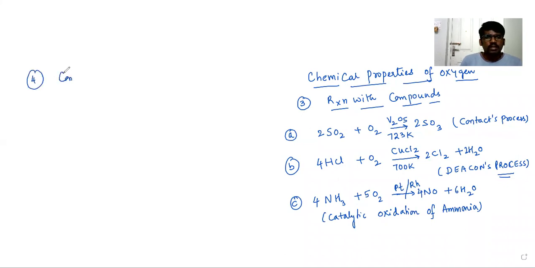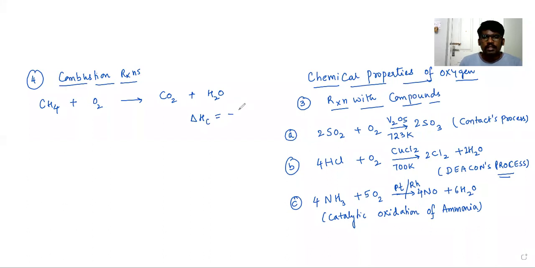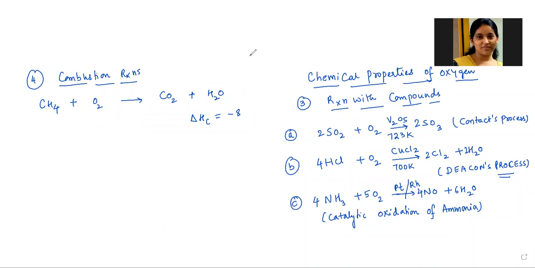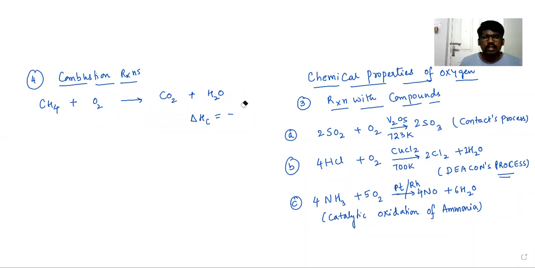Similarly, if you observe combustion reactions, alkanes, generally organic compounds, especially hydrocarbons, when they react with oxygen, they can form carbon dioxide and water. That is CH4 plus O2 giving rise to CO2 plus H2O, and this enthalpy of combustion is exothermic.